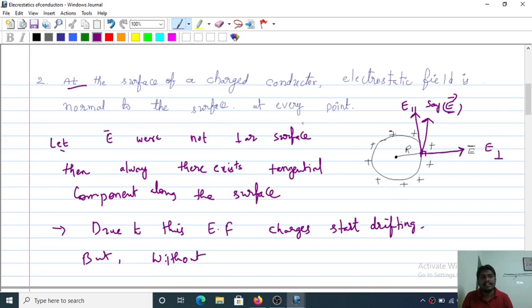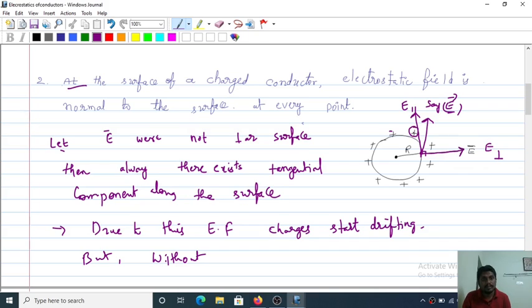By themselves they cannot move from one place to another. If you give a charge, it will distribute on the surface of the conductor and come to an equilibrium situation. But when the electric field is not normal, there is a component along the surface, and that electric field pushes these positive charges on the surface.